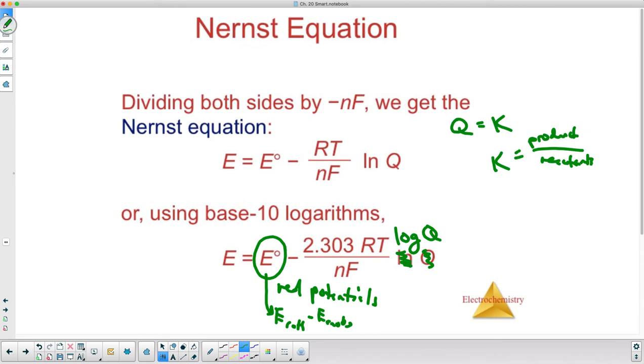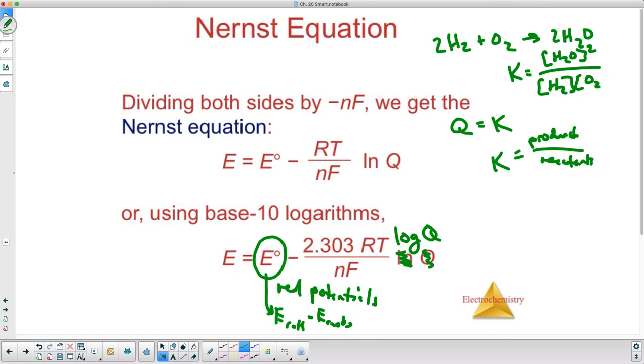Quick example: if these are all gases, then you could do K is equal to H2O and so on. I know you remember how to do all this. It hasn't been that long. So this would be K.